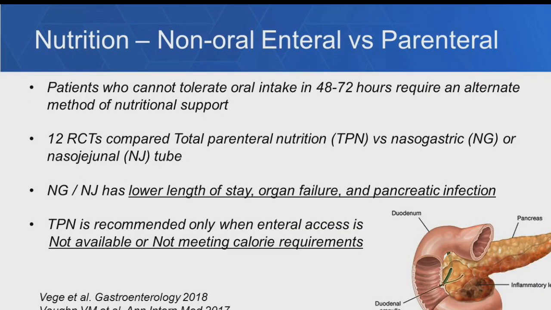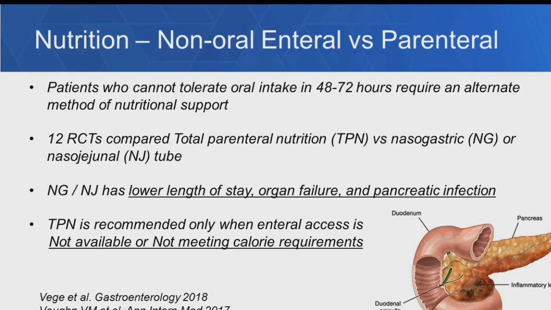And among patients who cannot tolerate solid diet, they need an alternate method for nutritional support, which can be non-oral enteral feeding, such as nasogastric or nasojejunal feeding, or TPN. And 12 randomized controlled trials compared TPN and NJ or NG tube feeding, and they showed that NG or NJ has lower length of stay, organ failure, and risk of pancreatic infections.